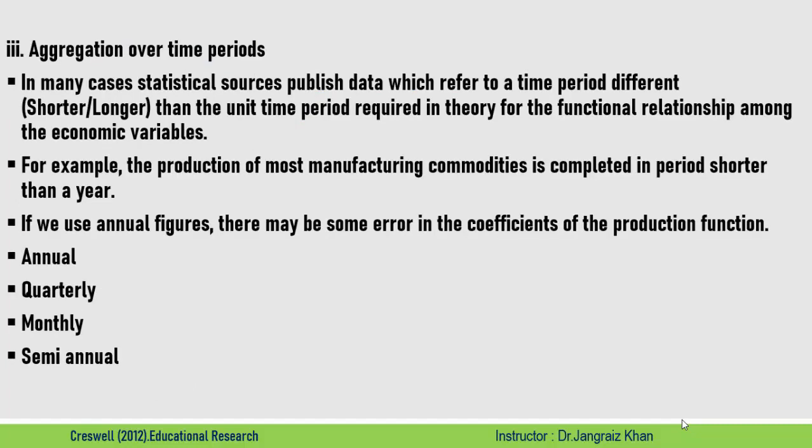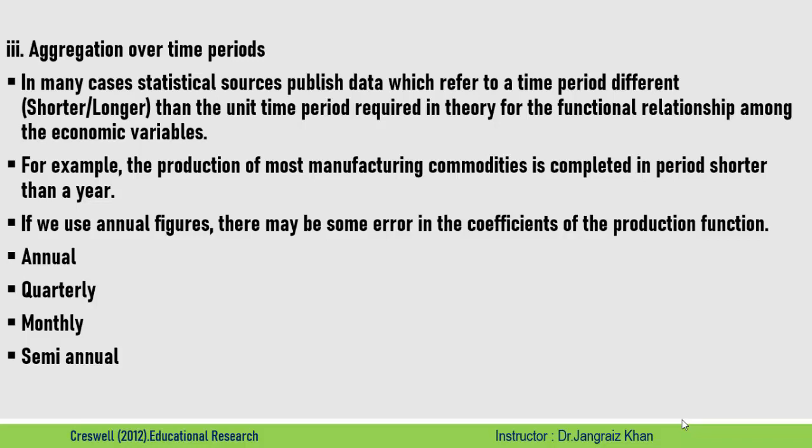Aggregation over time periods. Similarly, we have aggregation over time period. In many cases, statistical sources publish data which refer to a time period different, longer or shorter than the unit time period required in the theory for functional relationship among economic variables. Sometimes in research, any type of research, you may need data on an annual basis, and you may have quarterly data.